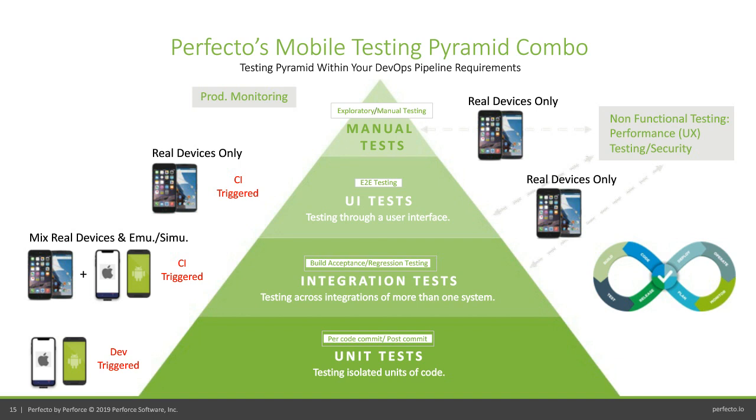Sure. So this slide, I think, is really key, and to the point that Eran and I are trying to make here. The infinite loop of DevOps on the right side of the slide is really talking about our ability to run faster, to release stable code faster, and to mature the software release processes within our organization.